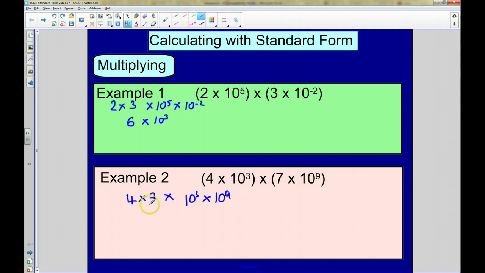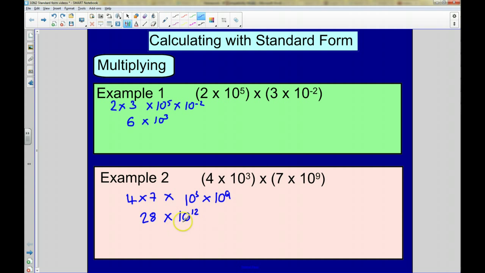Okay, so I've got 4 times 7, which gives me 28, and I times that by 10 to the power of 3 times 10 to the power of 9. We add the powers together and we've got 10 to the power of 12.